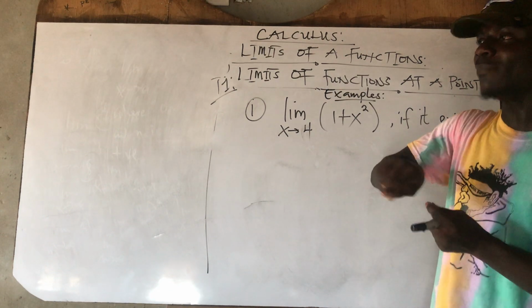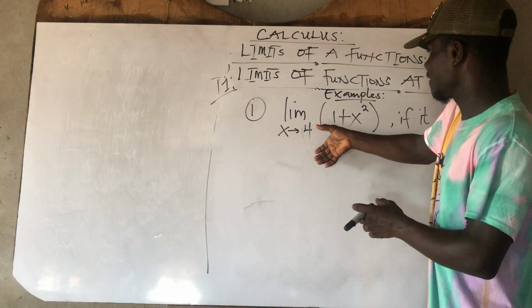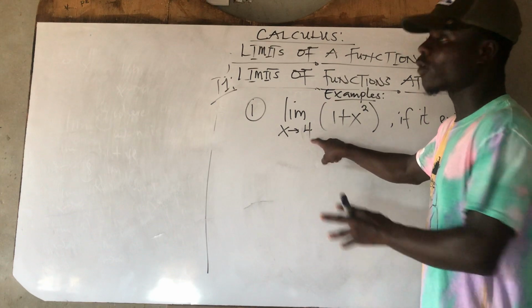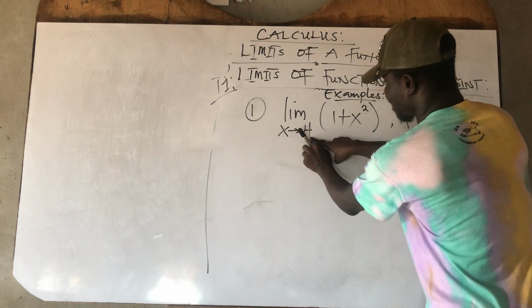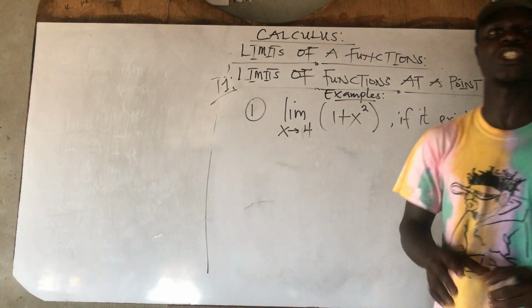So we have to find the limit as x approaches 4 of the function 1 plus x squared, if it exists. We are going to look for the limiting value of this function as x approaches 4.